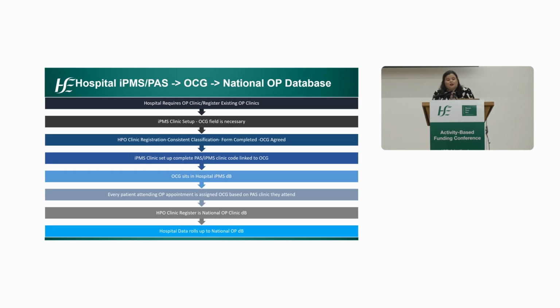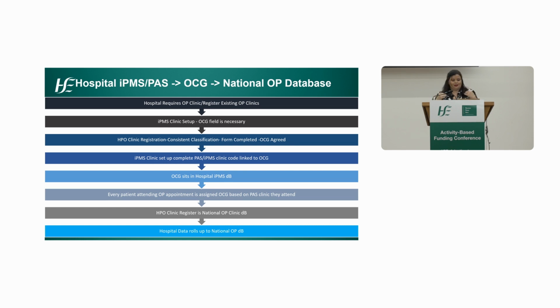So how does this work? Basically, a hospital requires an outpatient clinic. They come to their IPIMS or PAS clinic setup window. The OCG is a required field. They come onto the outpatient clinic register, they register it, they tell us what they think the OCG is. We go, yes, we agree, or no, we think it's this. They go back in, they put the code onto IPIMS, and then the OCG sits on your IPIMS or your PAS. Nothing has to be done past that point.